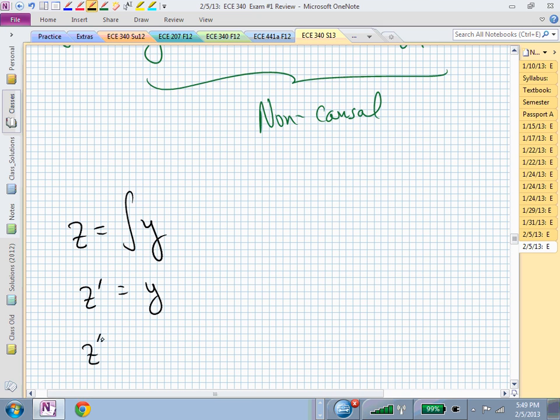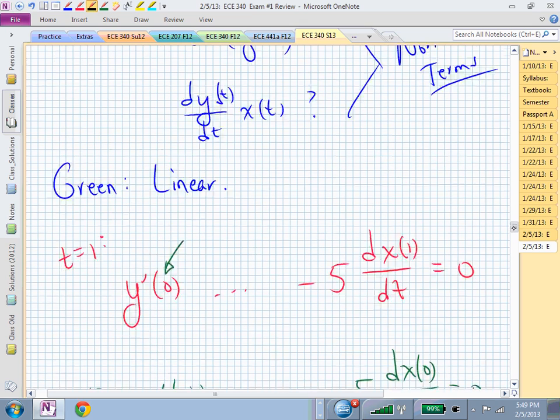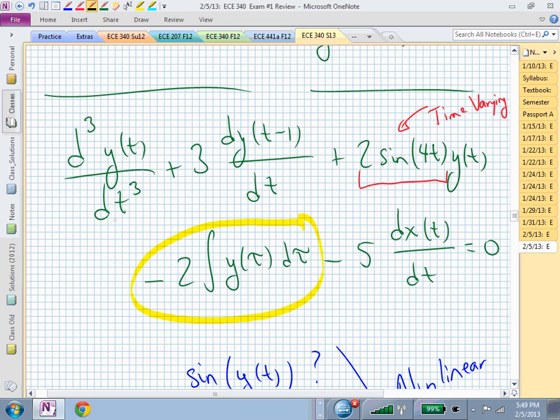Z double prime is going to be y prime. Z triple prime is going to be y double prime. And I just keep going until I run out of what y was. And y was triple primed, wasn't it? We had the third derivative of y. So we have the fourth derivative of z is equal to the third derivative of y. And now I can go back up here and replace this third derivative of y with z to the fourth.